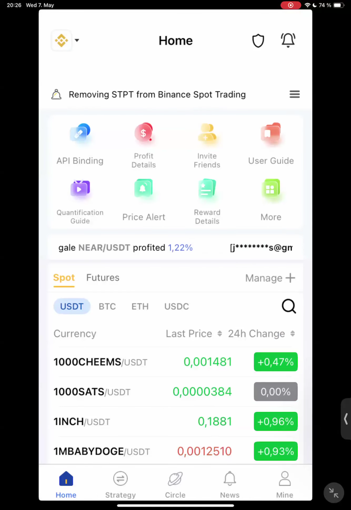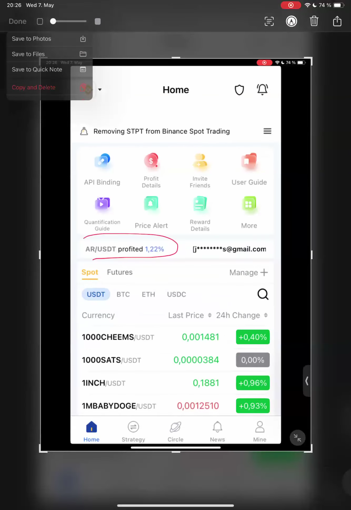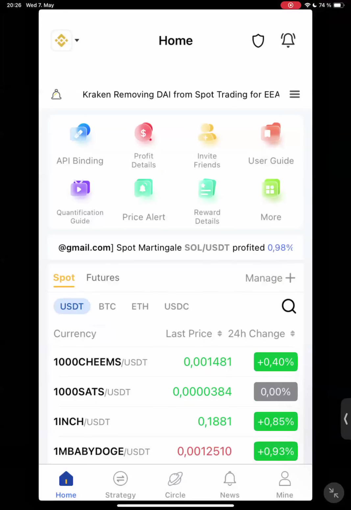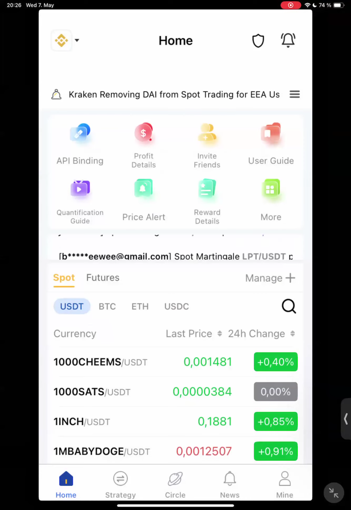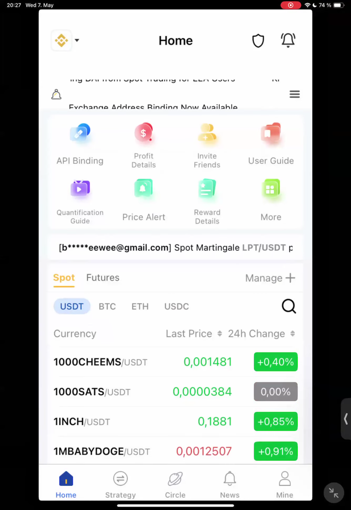Now let us look over here. As we are here, people are making profit. So anytime someone makes profit from the system, it displays it here. You can see someone just made profit from Solana. Another person just made from LPT. It states the percentage as well.